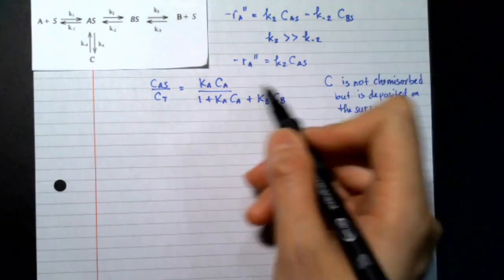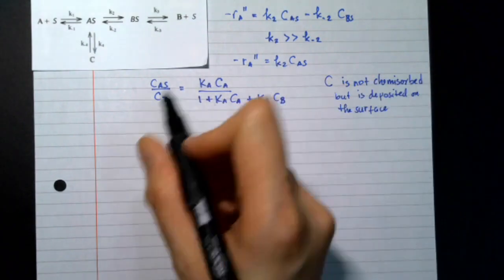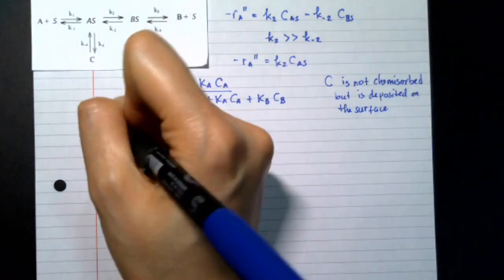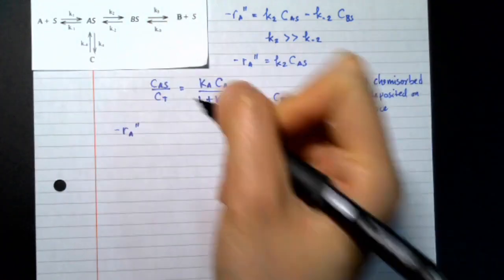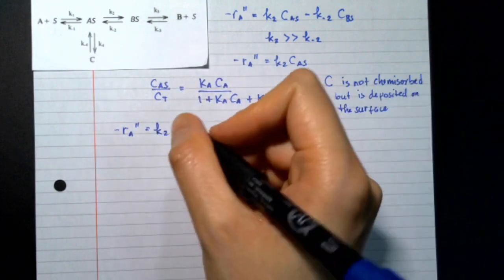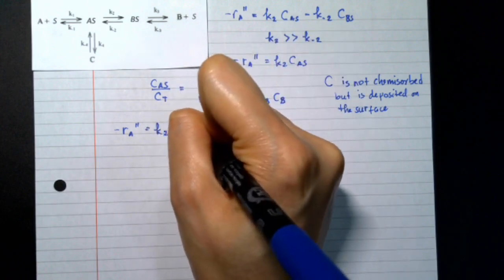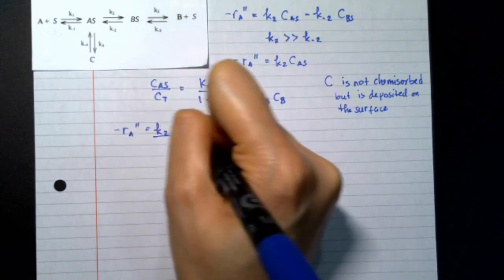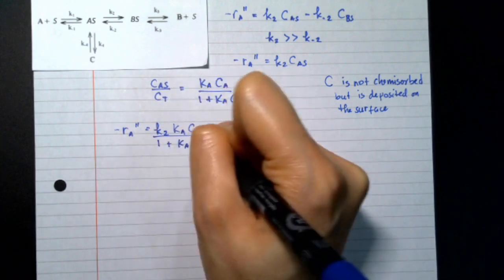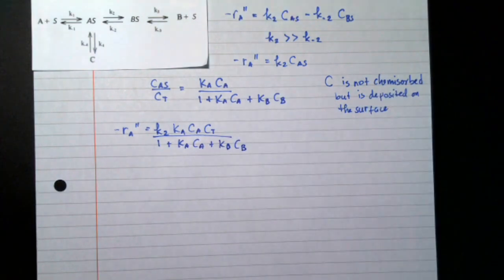So going back to our rate, we can now write this in terms of the bulk concentrations using this expression. So we have negative RA double prime, and this is equal to K2 times CAS, and CAS is KA CA CT divided by 1 plus KA CA plus KB CB.